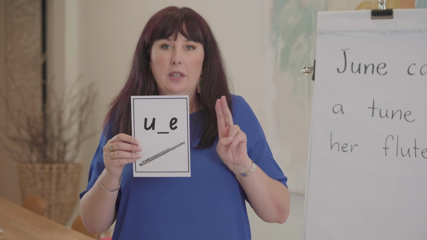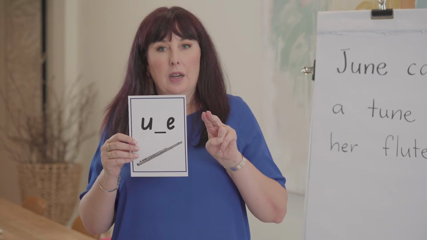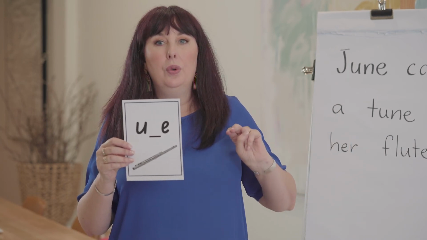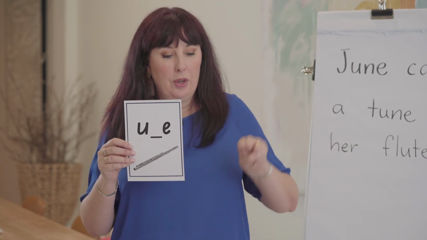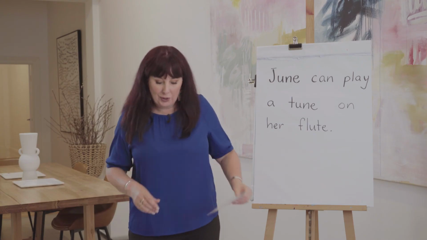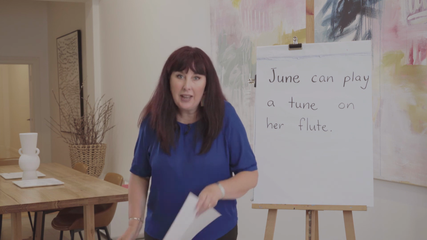Can you write oo with me in the sky? You ready? U, E, oo, flute. One more time. U, E, oo in flute. Good job. Let's have a look at our homework.